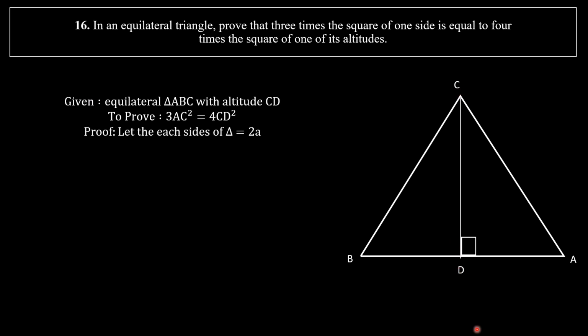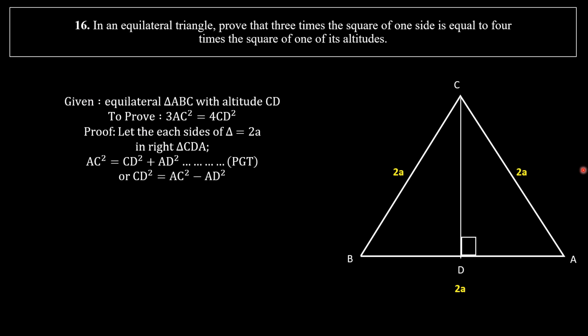So let each side of the triangle be equal to 2A. Then in right triangle CDA, AC square is equal to CD square plus AD square by Pythagoras theorem. We need to find CD, right? CD square is equal to AC square minus AD square.